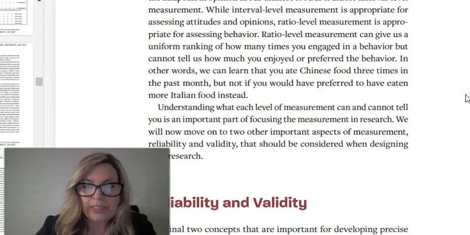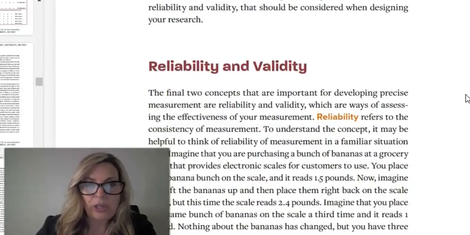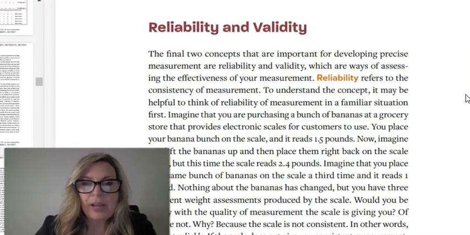Let's talk a little bit about reliability because that's a big part of this chapter. So if you take a look at the definition here, this is a good example. Imagine you are purchasing a bunch of bananas at a grocery store that provides electronic scales for customers to use. You put your banana on the scale and it reads 1.5 pounds. Now if you lift them up and put it back, it reads 2.4 pounds.